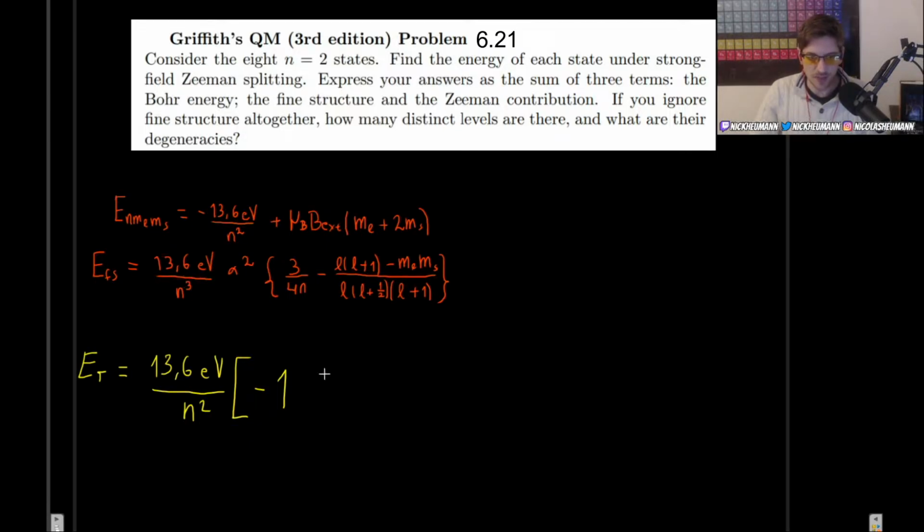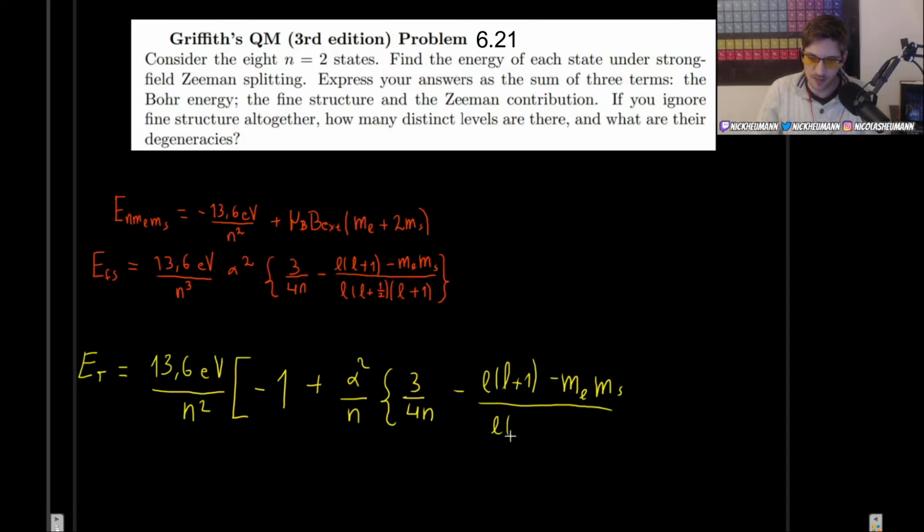Then we get this. So we get plus alpha squared over n, product of 3 over 4n, minus L plus 1, these of course being the different quantum numbers, divided by L plus 1/2, L plus 1.